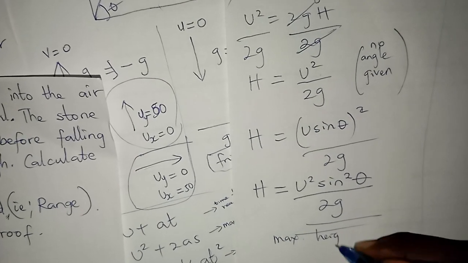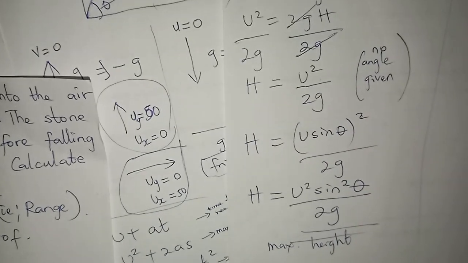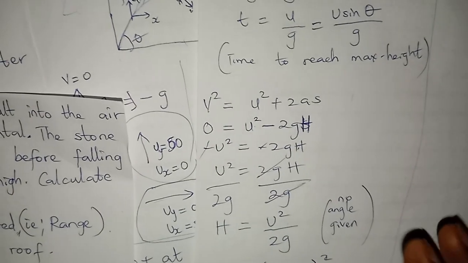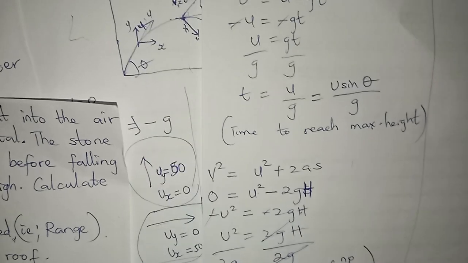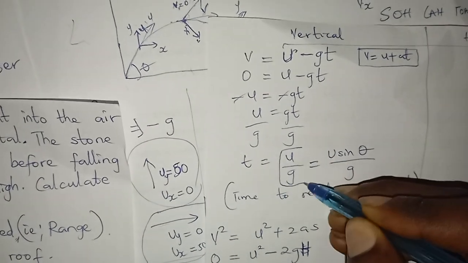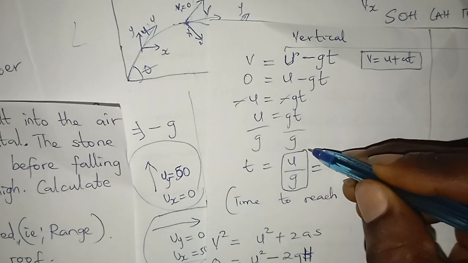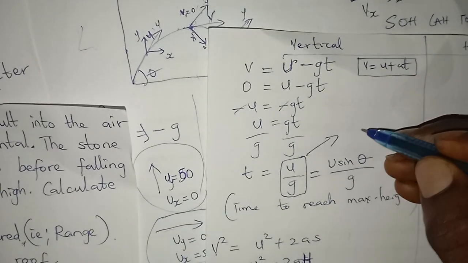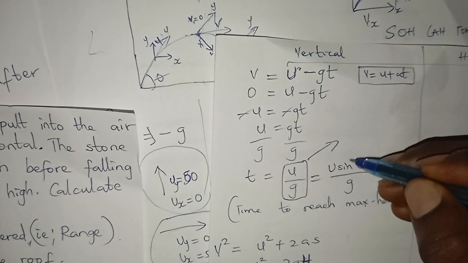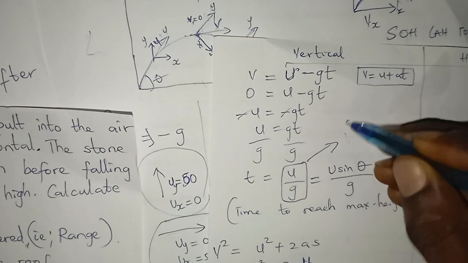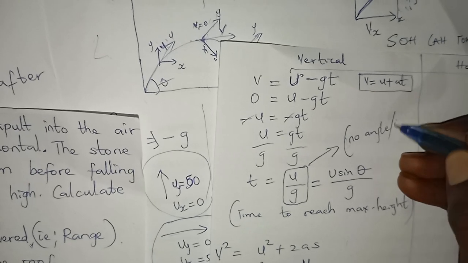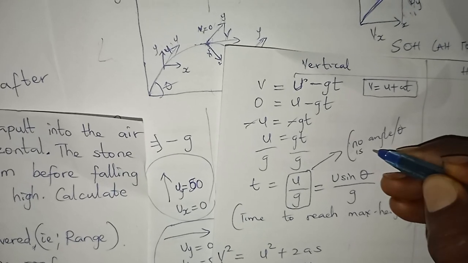And notice that all the equations I'm giving you are for case 1, just case 1, when it's launched at an angle from the horizontal. Now notice, if a question does not have any angle given, and they tell you to find the time to reach maximum height, this is the equation to use when no angle or theta is given.